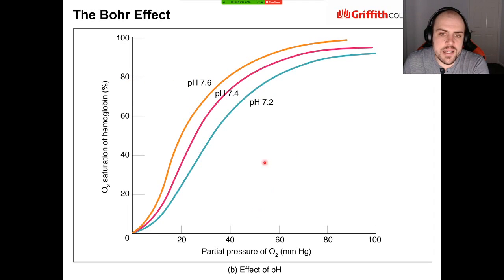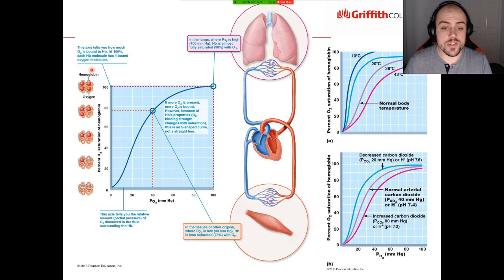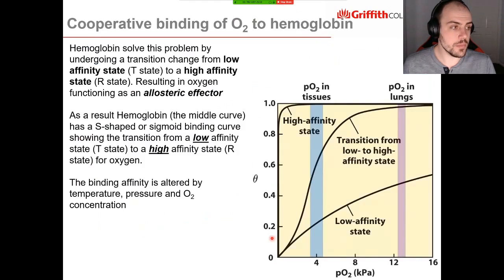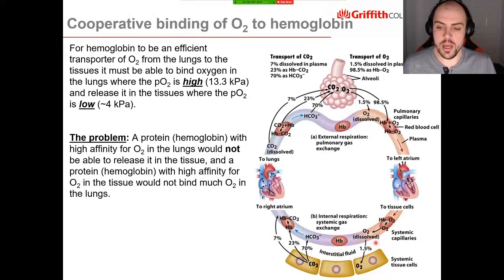So what that means is that when it comes to delivering oxygen around the body, as the acidity increases, it's harder for our hemoglobin to hold on to the oxygen molecules. And that's useful for us because that's exactly what we want to happen. We want it to be delivered here.